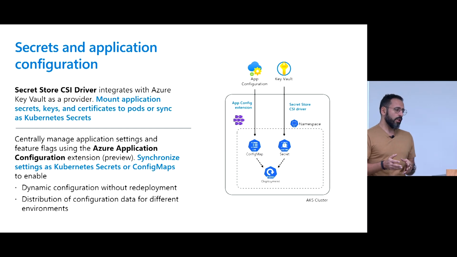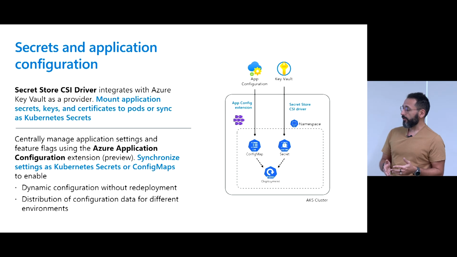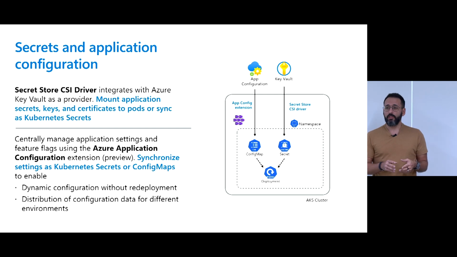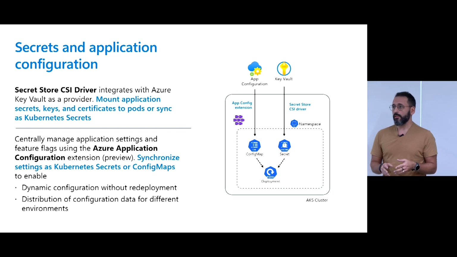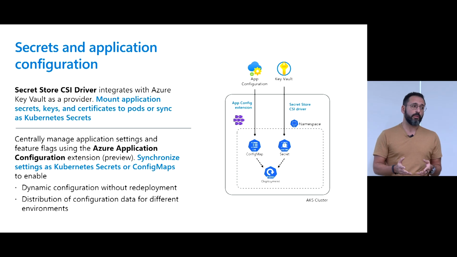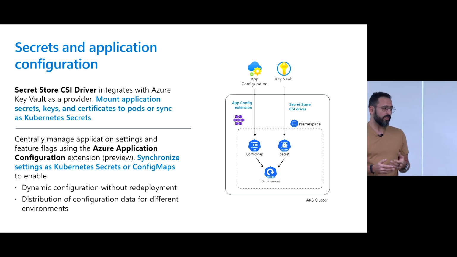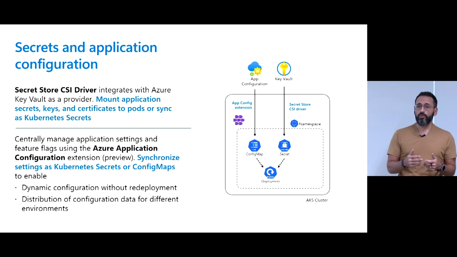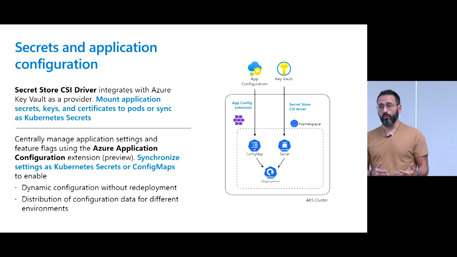For other non-secret application configuration, the Azure App Configuration service can also centrally manage that. The nice thing is that you can use it to manage settings and feature flags, and with that extension, you can synchronize those settings either as secrets or as config maps. This allows dynamic reconfiguration of the application without you having to go in and change those settings and redeploy.